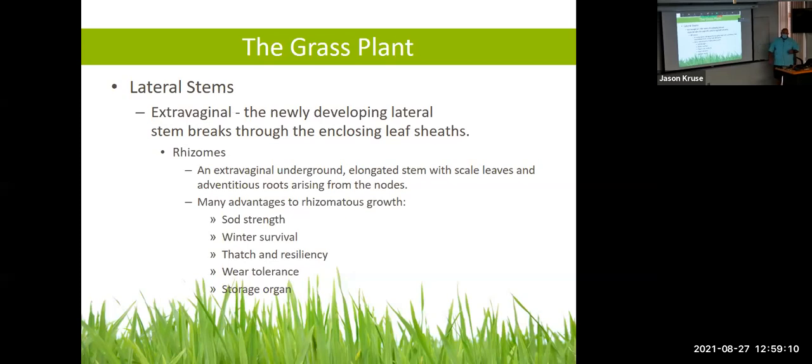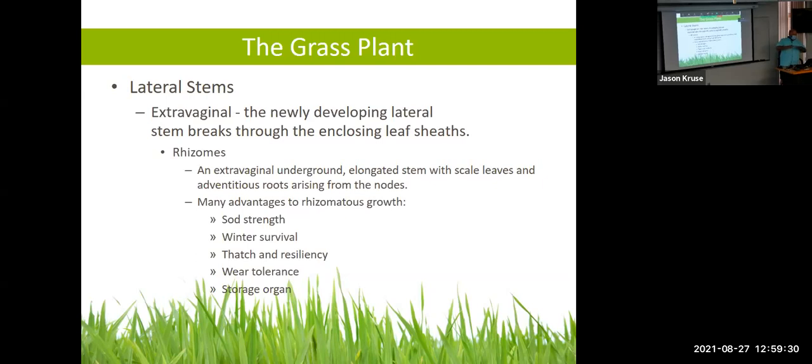Now, the Kentucky bluegrass rhizome structure adds not only some wear tolerance and stability to that profile for footing, that rhizome structure also allows for recovery.